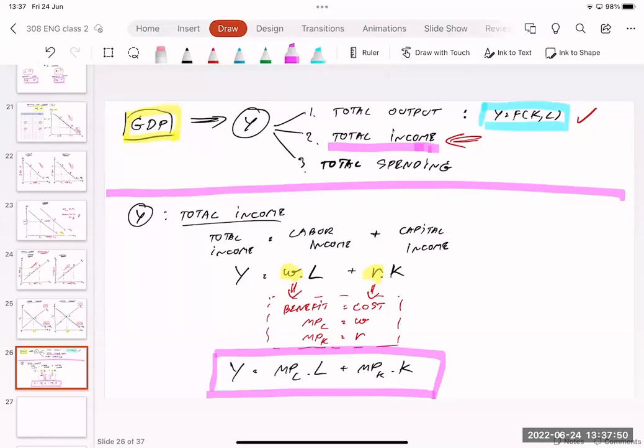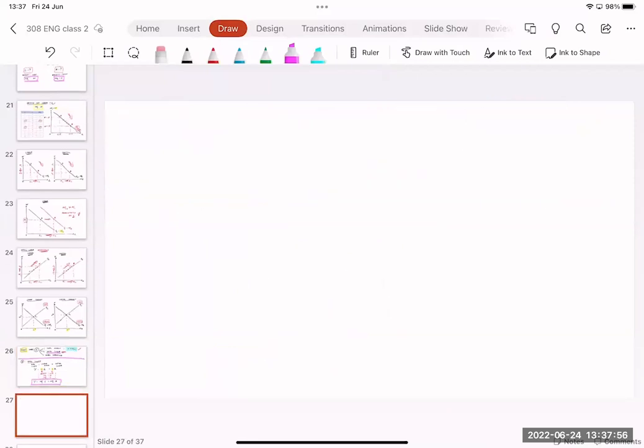And then next, after I got the equation for the total income, let me try to solve the equation for you. As I mentioned before, we have the production function Y equals a function of K and L. In order to produce something, you need capital and labor.